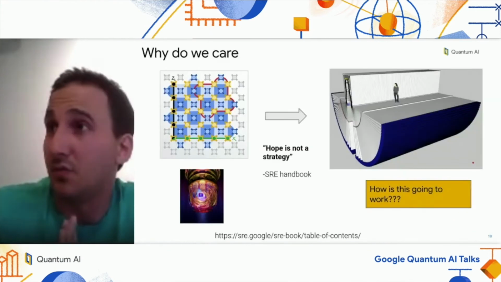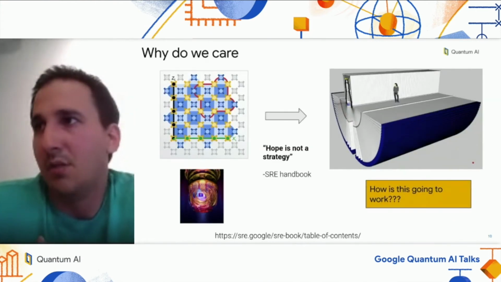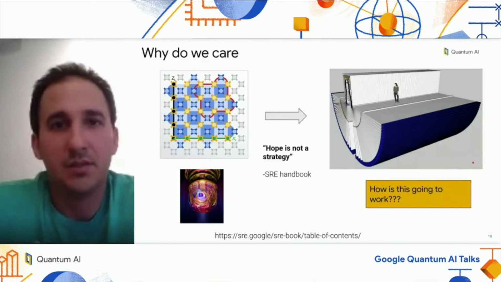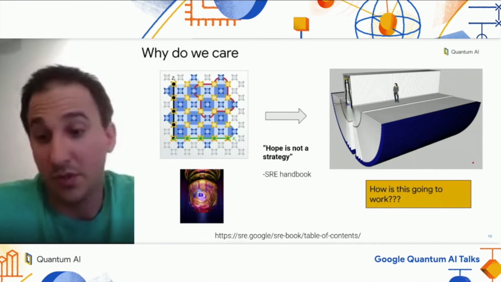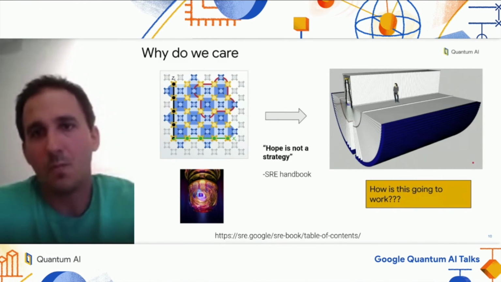Now, this is a lot of work, and I want to touch upon why this is important to do for our quantum computing efforts. Why do we care?